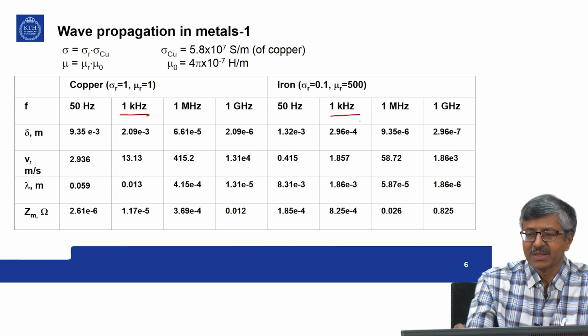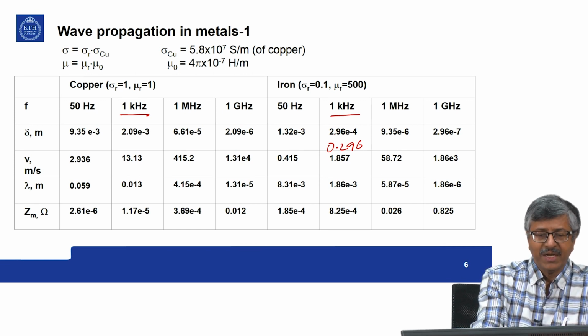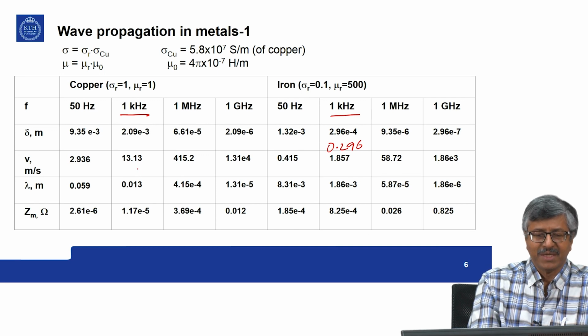At 1 kilohertz, you can see that skin depth is even smaller for iron. It will be 0.296 only, and velocity 13.13 meters per second.